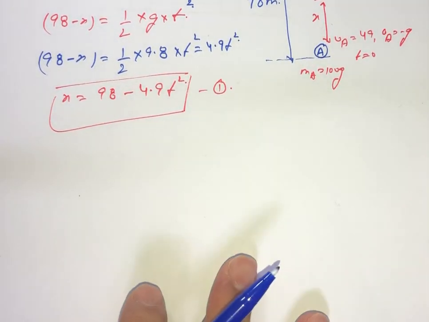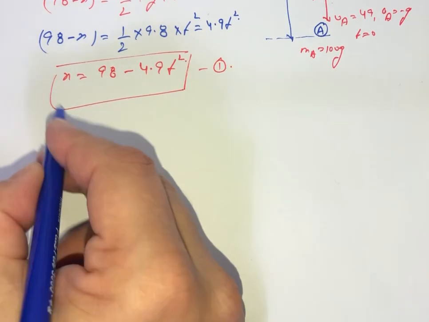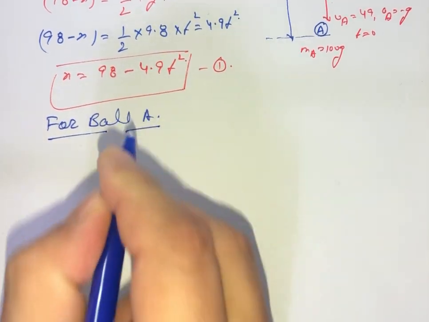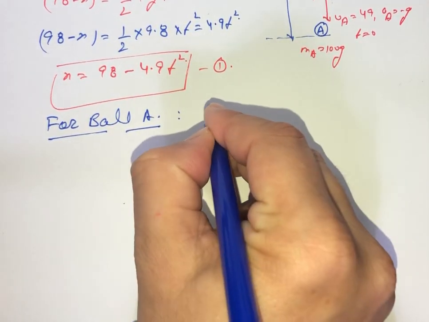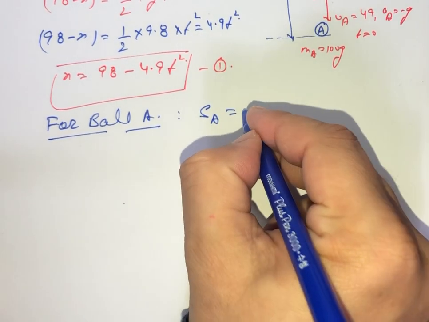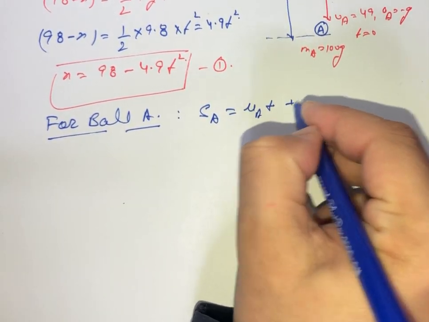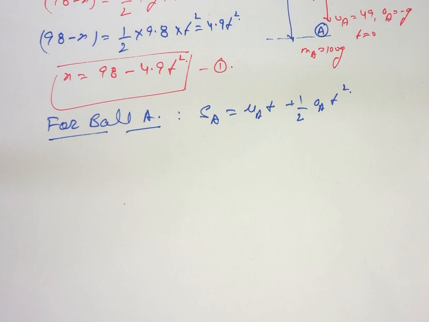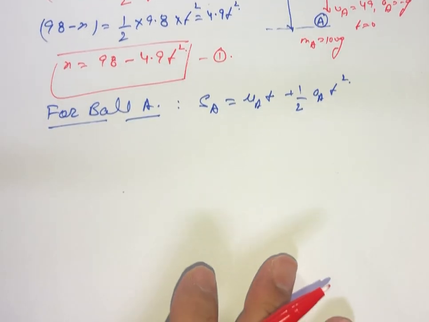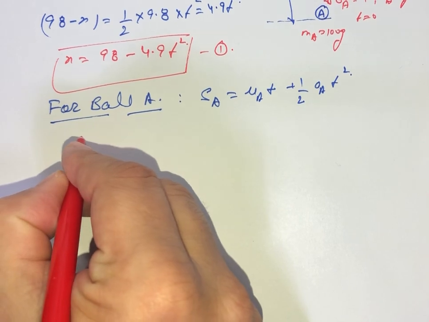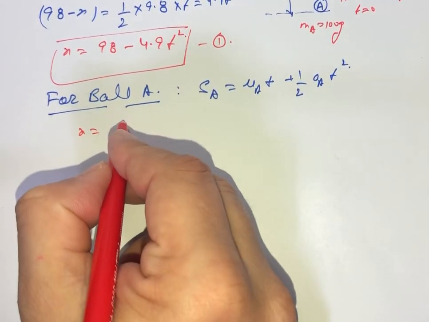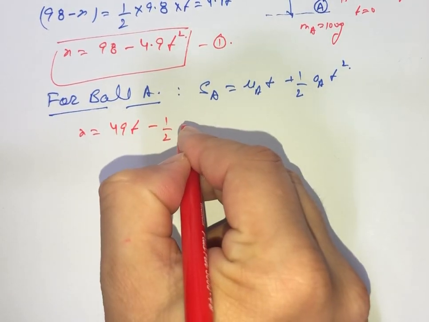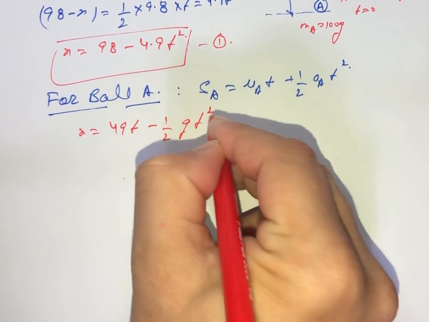And similarly we write the equation for ball A. We can write the equation as S_A is equal to u_A t plus half a t square, and we get x is equal to, u_A is given as 49, so 49t, and this will be minus half g t square.